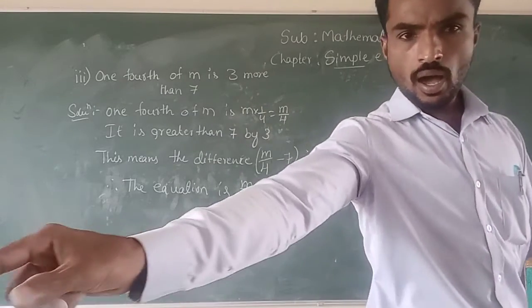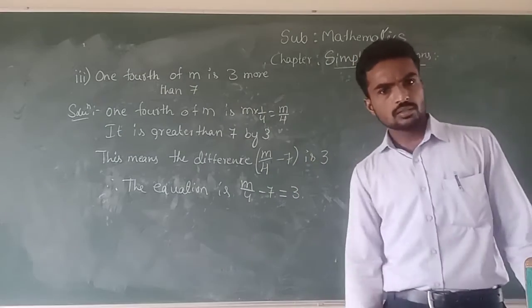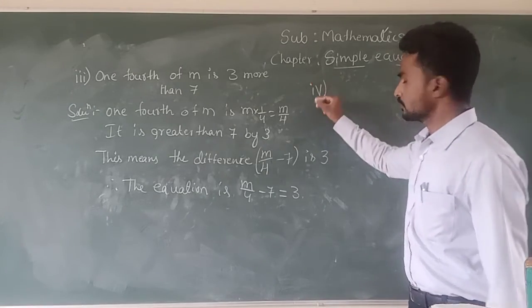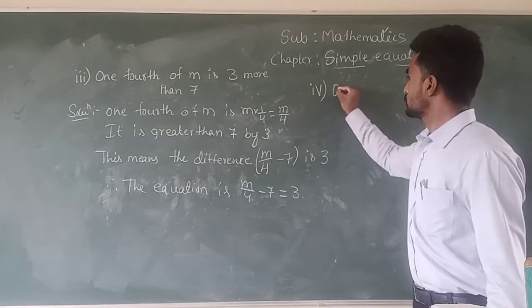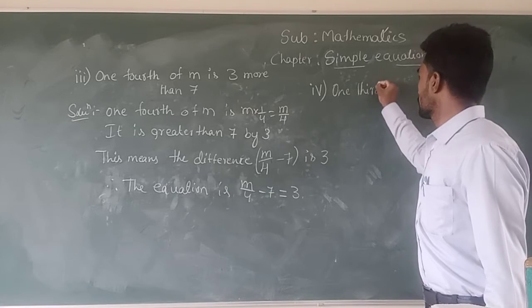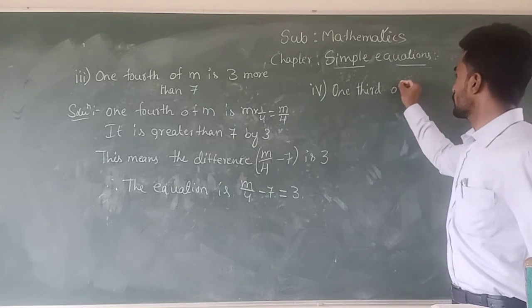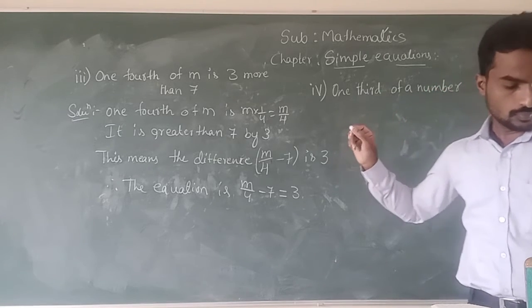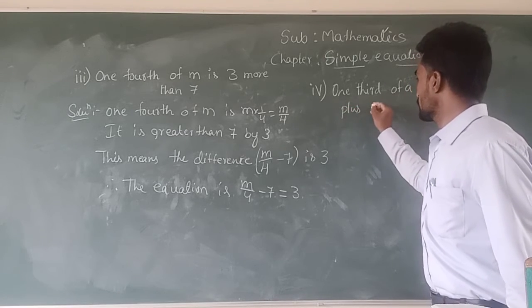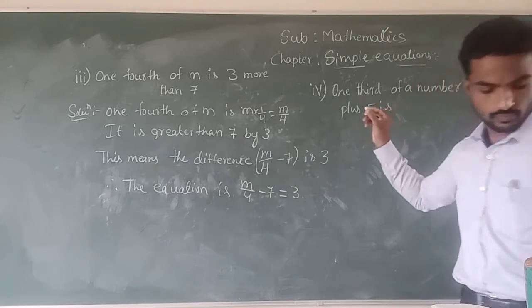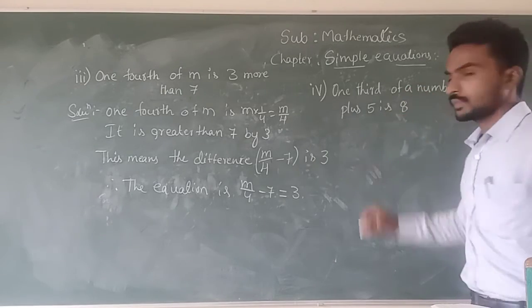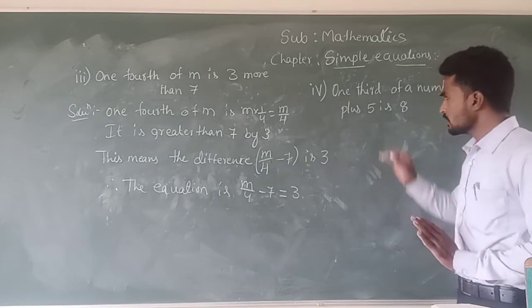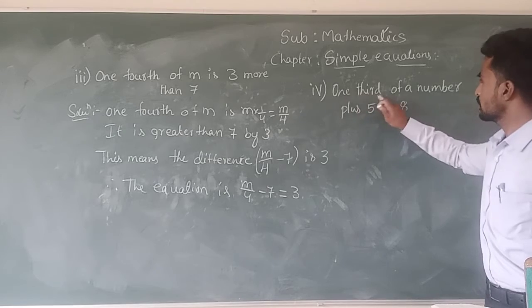I will consider another statement. Fourth one: one third of a number plus 5 is 8. In this statement, very simple, one third of a number.